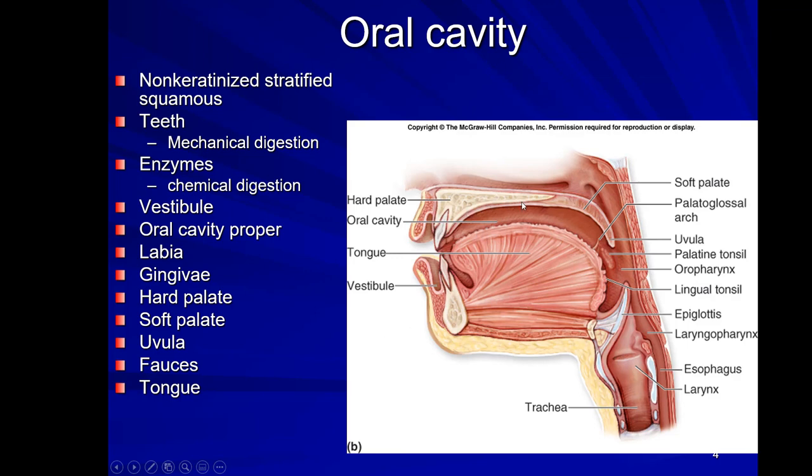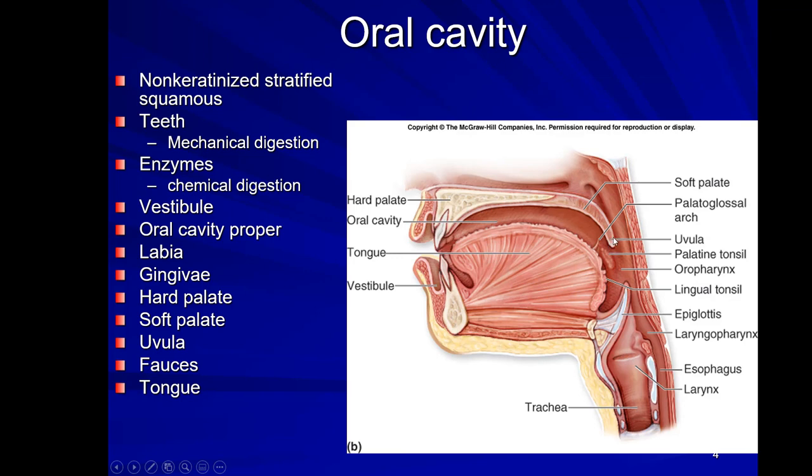The hard palate is the roof of the mouth that's formed by bone. You can see that goes a little more than half of the way back. And remember, that's formed by the maxilla and the palatine bones. Then we have the soft palate back here, which is just soft tissue. The uvula is at the end of that soft tissue. It's a little tissue piece that hangs down.